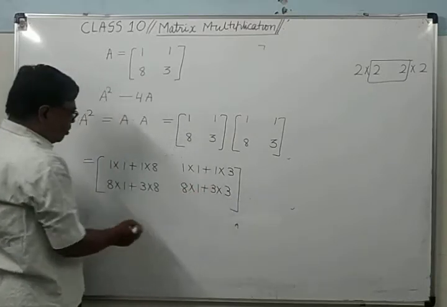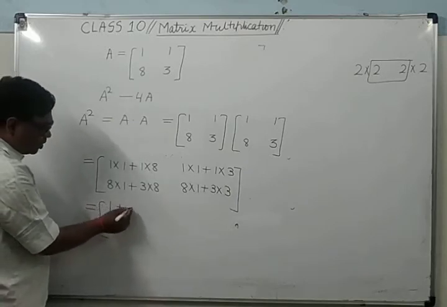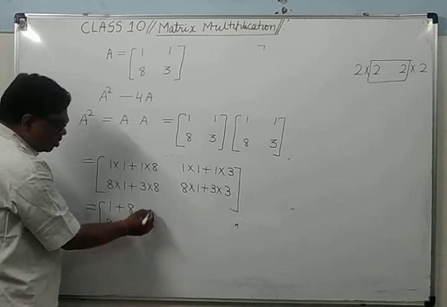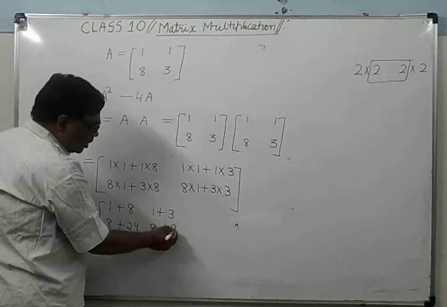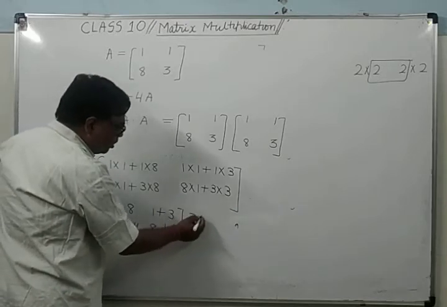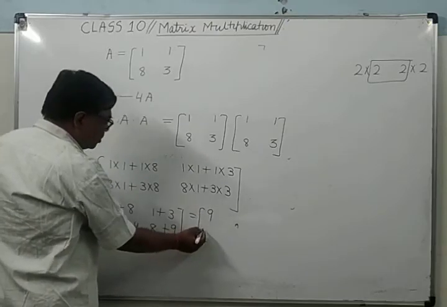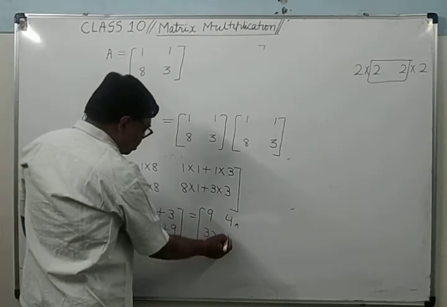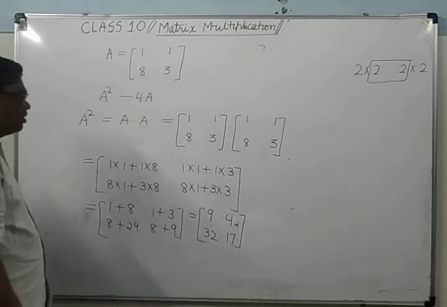When you simplify, it will be 1 plus 8, 8 plus 24, 1 plus 3, 8 plus 9. So this will be equal to [9, 4; 32, 17].